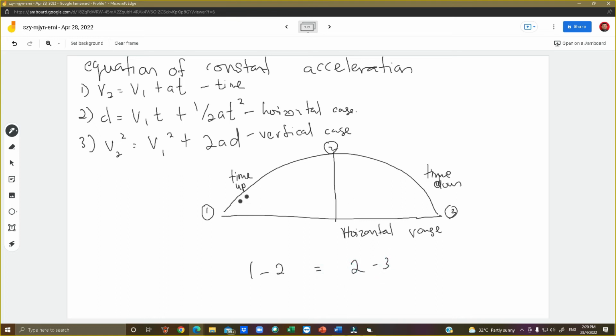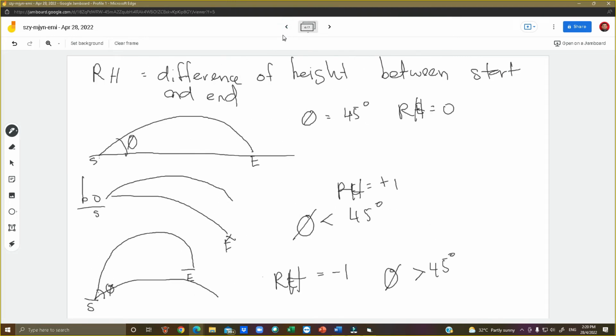In other words, it serve the same properties. It gives you the same values. Okay. So now I'm going to show you how to prove things happen in here. First, we are going to prove the time taken is equal, and number 2, we are going to prove 45 degree tadi ni. Kenapa benda ni akan dapatkan kamu range maximum.